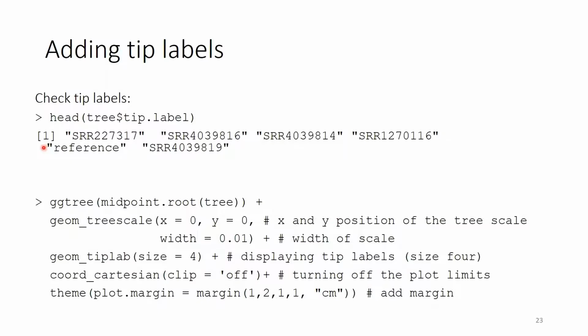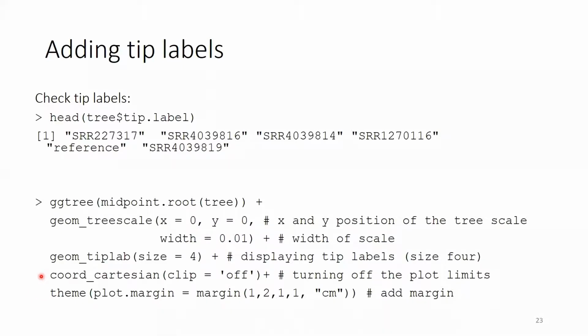And I also added a couple other features to help with visualization. I added geom_treescale, and I set the X and Y coordinates both as 0. So the scale will show at the bottom corner. I also set the width of the scale as 0.01. And then I added two other things here to help visualize the plot.